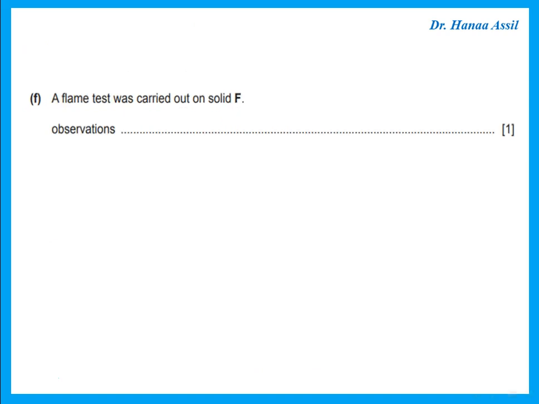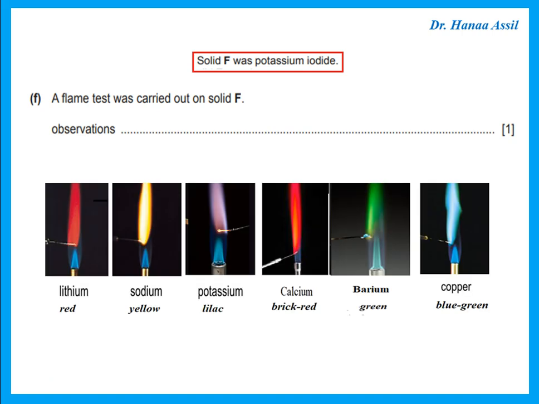A flame test was carried out on solid F. Again, what was solid F? Solid F was potassium something. So if I do a flame test for potassium, do you remember the colors? You should know these colors. These are the colors for the flame test. Please notice that barium is an addition to the new syllabus.